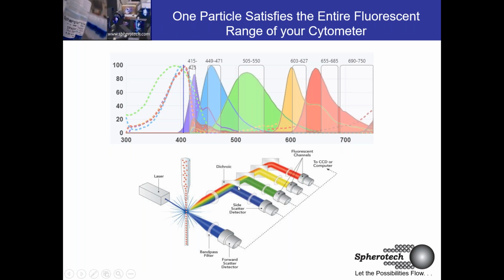So again, like I said, one bead potentially to rule them all. We're talking about all of our channels at once, right? This is a standard breakdown of what we would consider a flow cytometer. We have our laser line coming, our fluidic system, and then off of this series of dichroic mirrors, we have our PMTs, or avalanche photodiodes, depending upon your system.